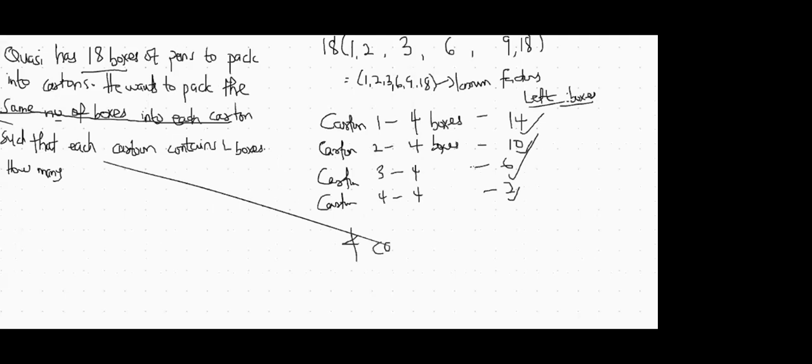I think you are almost missing out something. The first carton, 18 boxes, into the first carton 4 boxes, then we are left with 14. Now the next carton, 10.